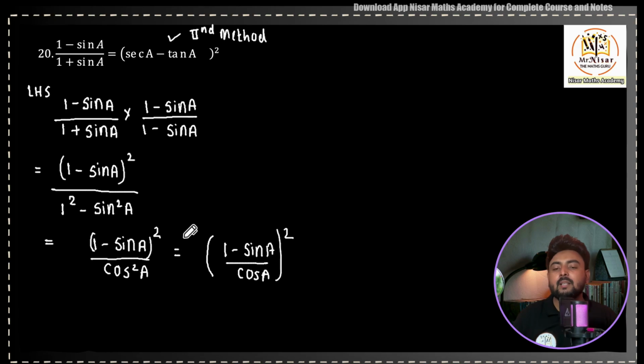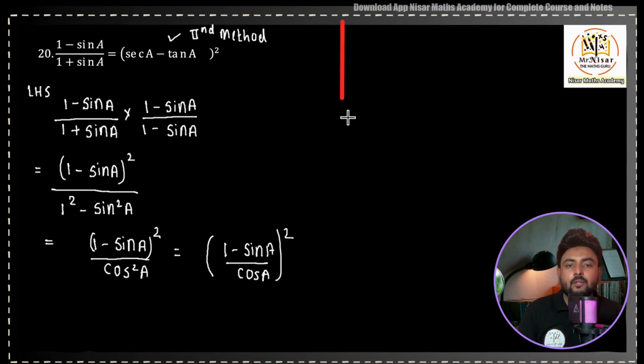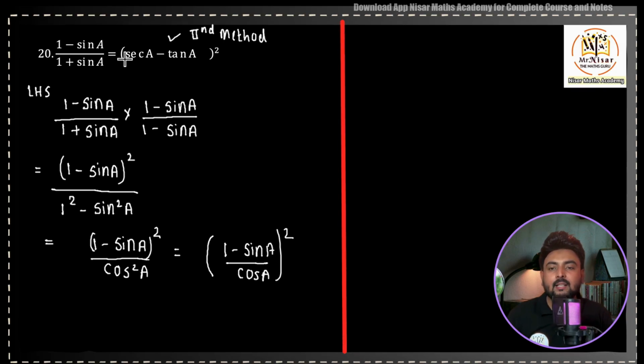I have just combined the powers. If I solve it further, let's see what I'll get. Can I separate the numerator? Yes, I'll separate it: 1 minus sin a by cos a, so I'll write 1 by cos a minus sin a by cos a.